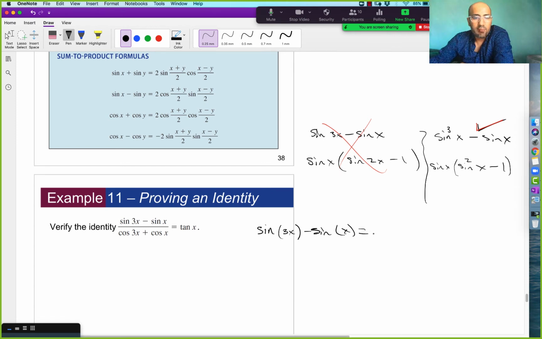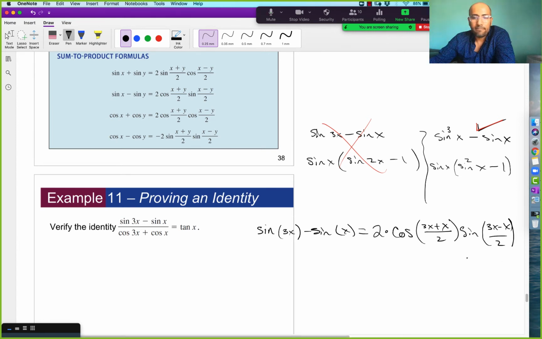And I'm going to say that this is equivalent to twice cosine of, and then what you do is you add the angles. So this would be 3x plus x over 2, and then multiply it by sine of, and then it's going to be 3x minus x over 2.